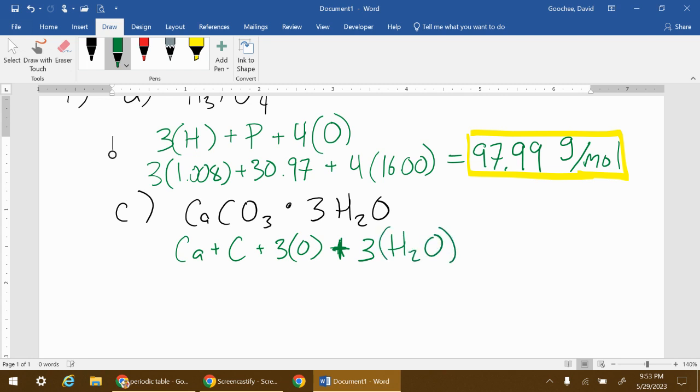This little dot right here means waters are attached. It does not mean multiplication. It is plus. So we're going to go to the periodic table and look up these molar masses of calcium, carbon, oxygen, and we'll work out water in a bit.